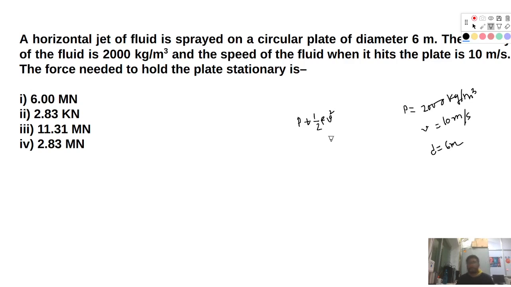Now from pressure, how can we find out the force? Pressure is basically force by area, right? The area of the plate needs to be considered.